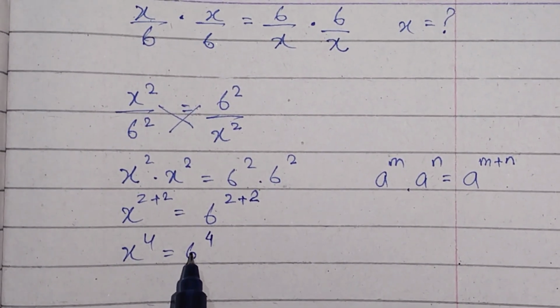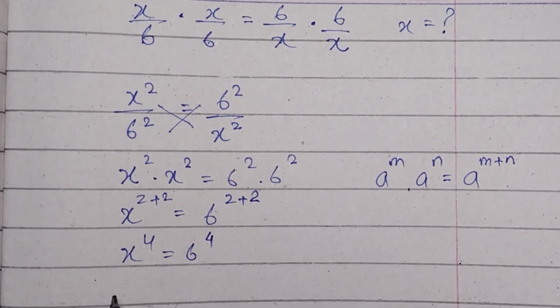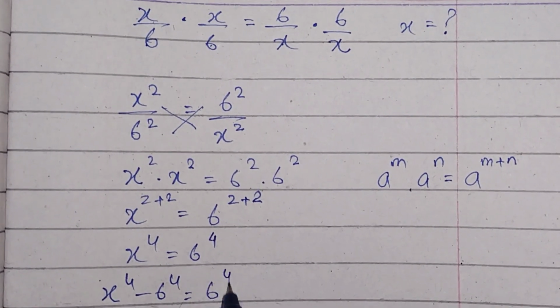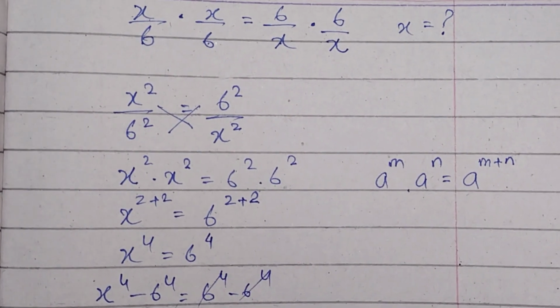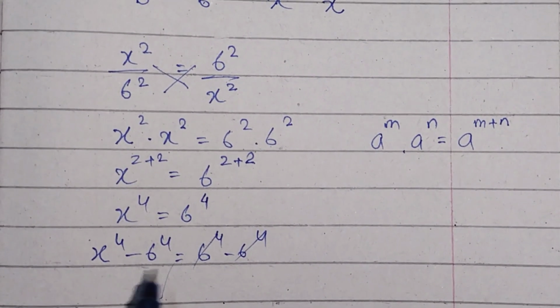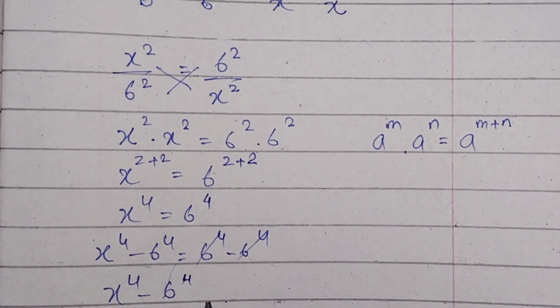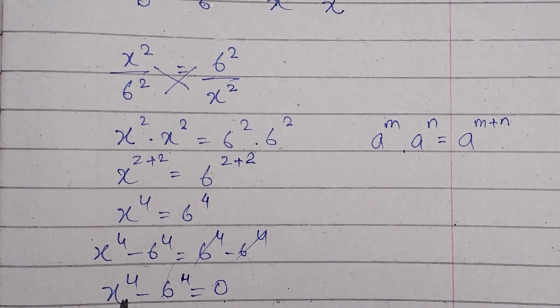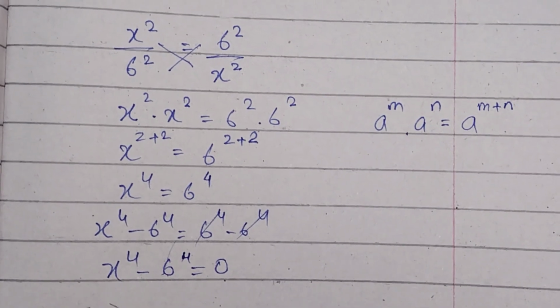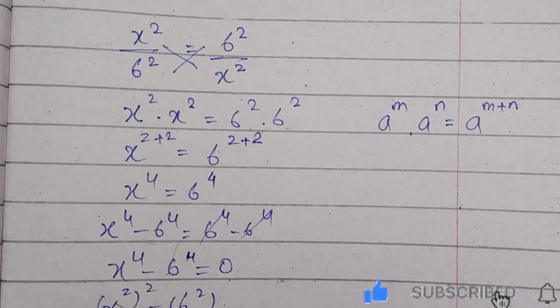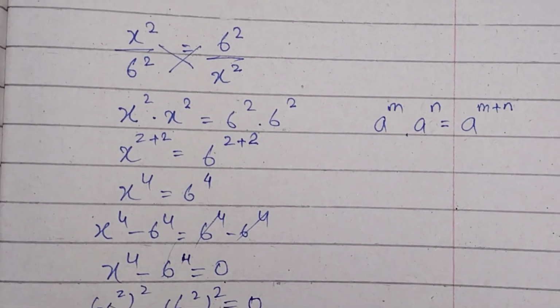Now we'll subtract both sides by 6 power 4. 6 power 4 cancels. So we're left with x power 4 minus 6 power 4 equals 0. Here we can write this as x square whole square minus 6 square whole square equals 0.